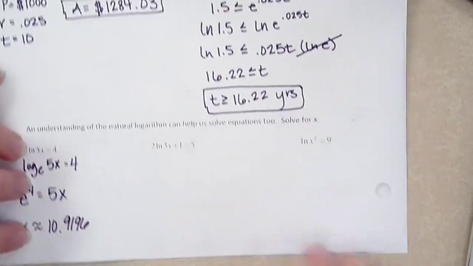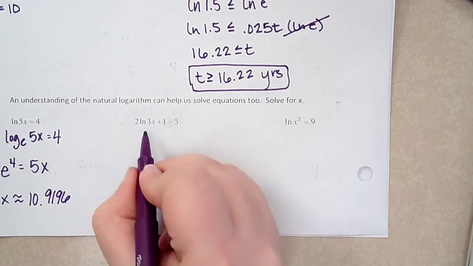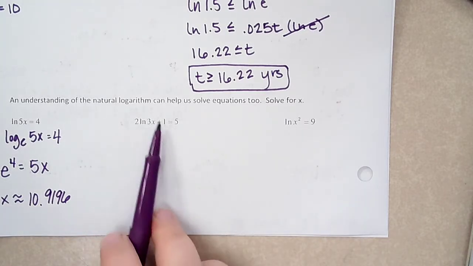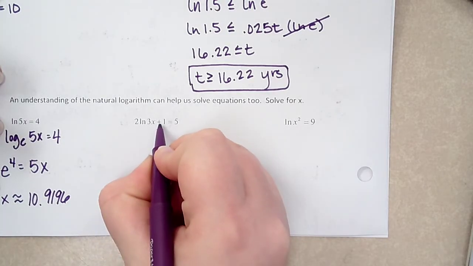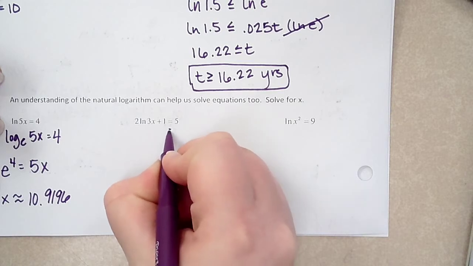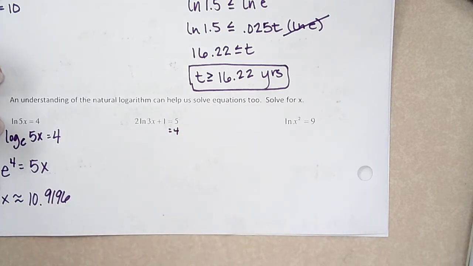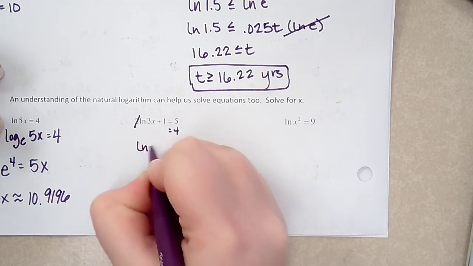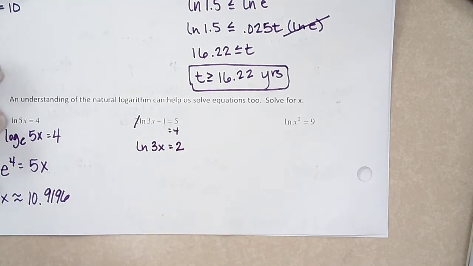Let's see that again. That was pretty fast, so let's see if I can manage that just a little bit slower. I want to solve to get the ln by itself before I start off because I like to not have anything around my natural log when I'm working with it. So let's first move the 1 over. That becomes 4. And then I'm going to divide both sides by 2 just to get this 2 out of the picture. So I end up having ln of 3x equal to 2.